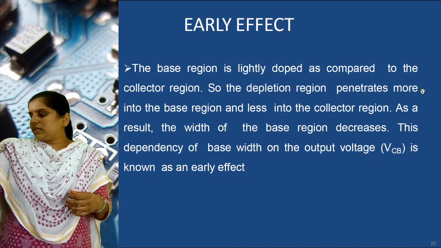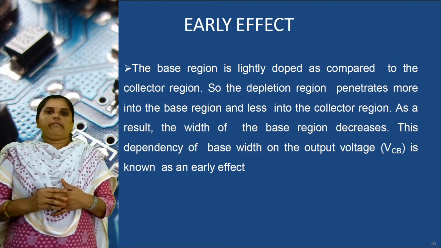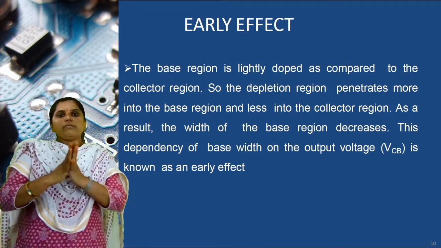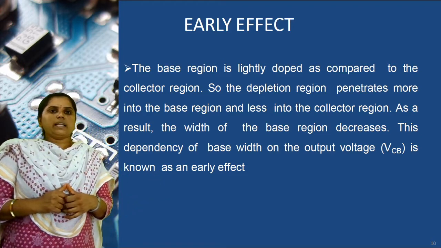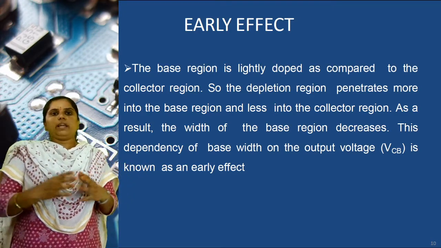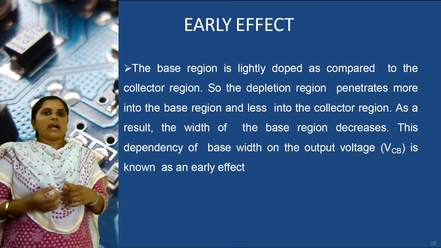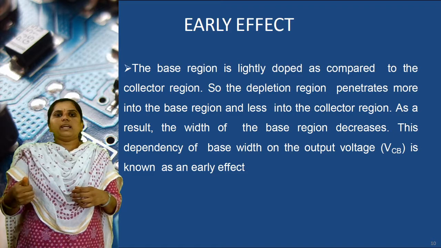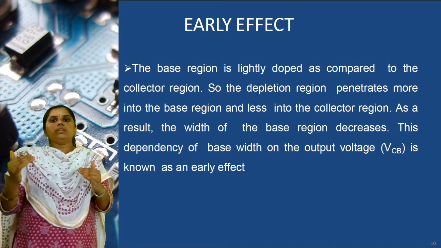Next, two important points are the early effect and the punch through effect. The early effect arises because the base region is lightly doped compared to the collector region. The base region is lightly doped, and the collector region is moderately doped. So if we increase the output voltage, the depletion region penetrates more into the base region side and less into the collector region side.